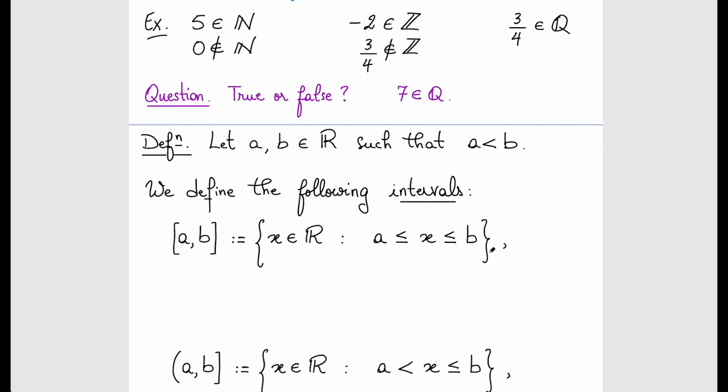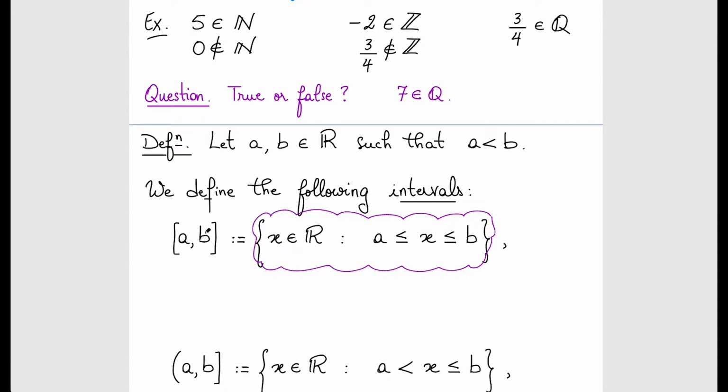Let's take a moment to write this whole thing using pure English so that you get used to it. This is set builder notation again. X is a generic element inside the set.